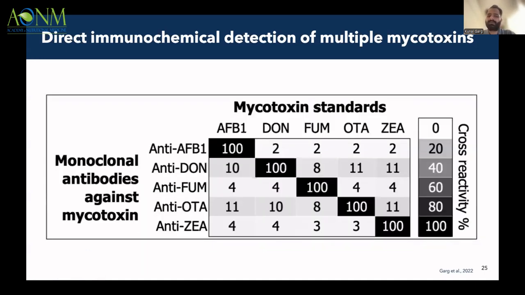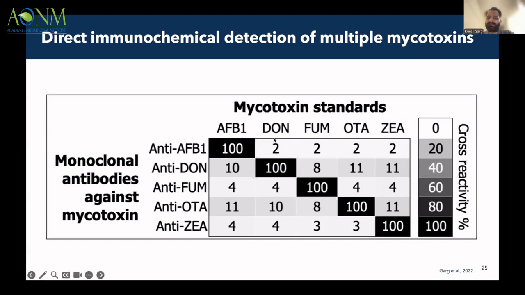Of course, when we are talking about an antibody test, antibodies are inherently prone to cross reaction. And as you can see, when we have an aflatoxin antibody reacting to a DON molecule, FUM molecule, or the other molecules, then we only have 2% of a cross reaction.